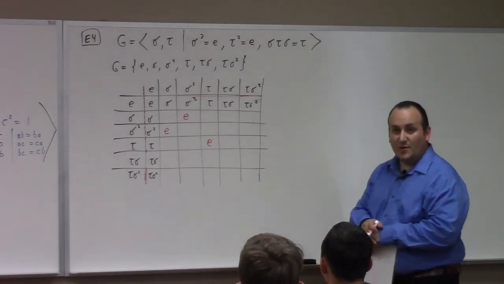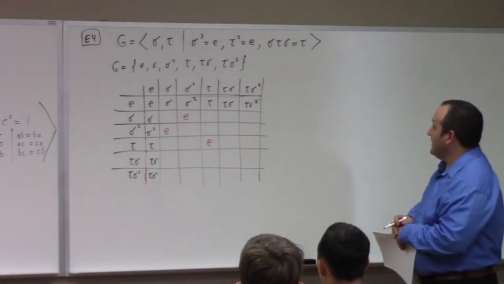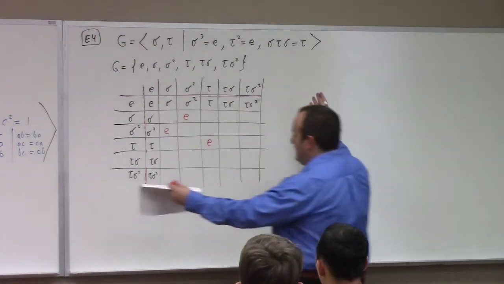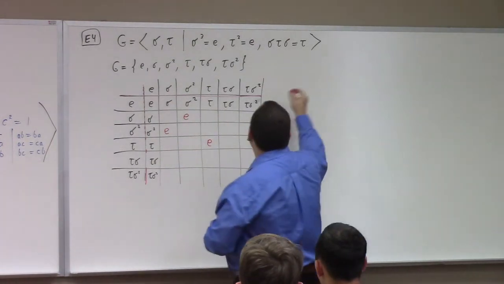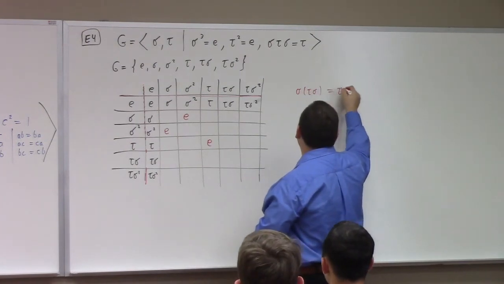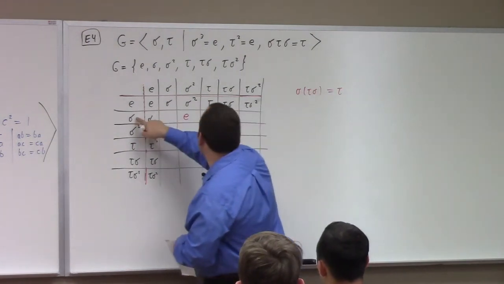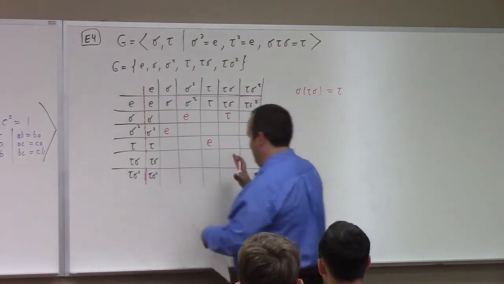Is there anywhere sigma tau sigma here? Yeah, you guys are smarter than me. Thank you. So your point is that this is tau. That's also given. Is there anything else, though?